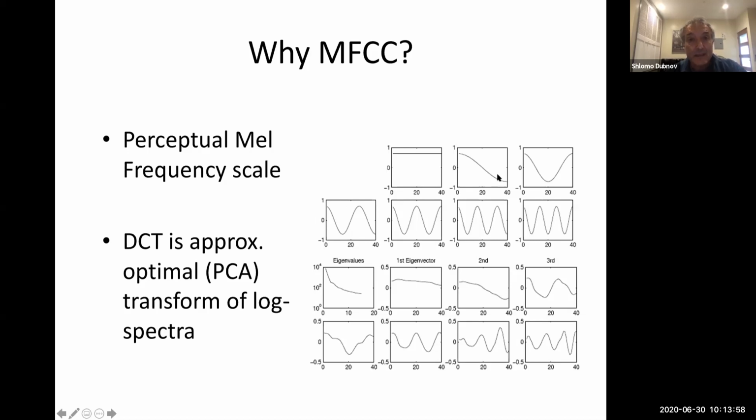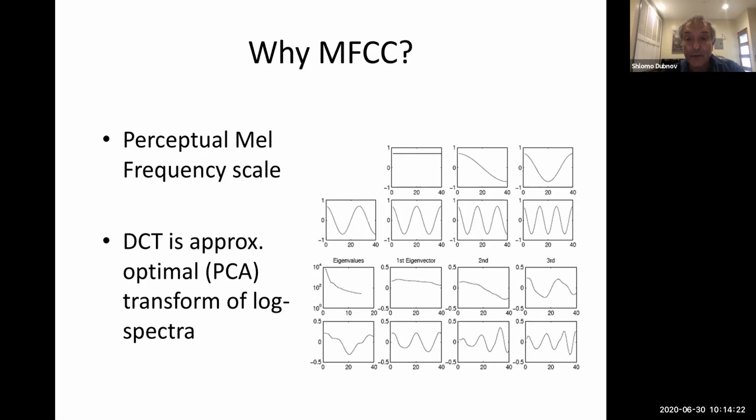But the idea, and that's an empirical finding, is that if you take a lot of musical notes and try to decompose them in terms of energy using principal component analysis, and you look at the principal components, you will find that basically MFCC shapes are capturing most of the energy. This is how PCA works.